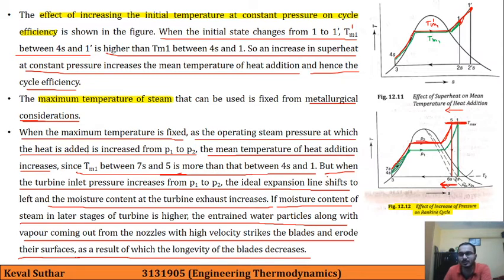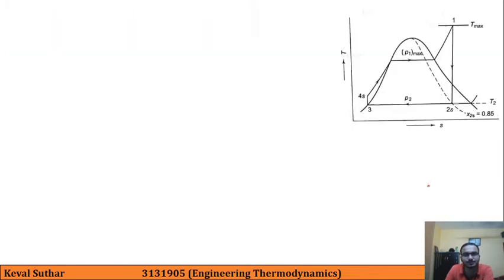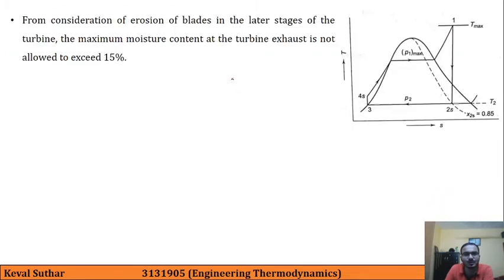So here, even though we can increase the efficiency by increasing the mean temperature of heat addition with the help of higher pressure, on the other side it will increase the moisture content, which reduces the blade life. So there is another limitation coming in here.